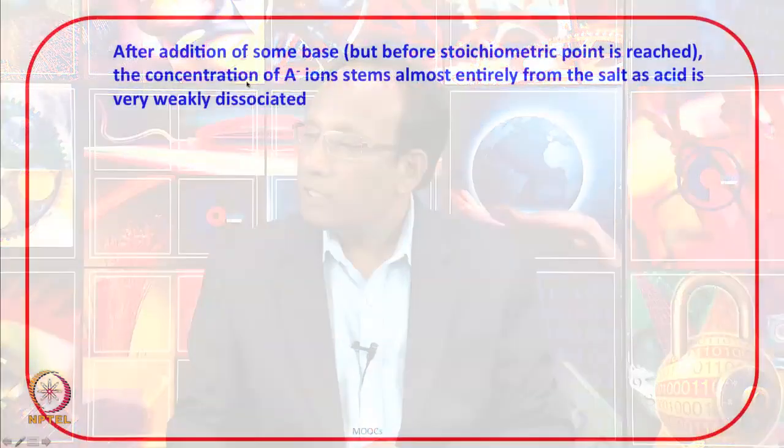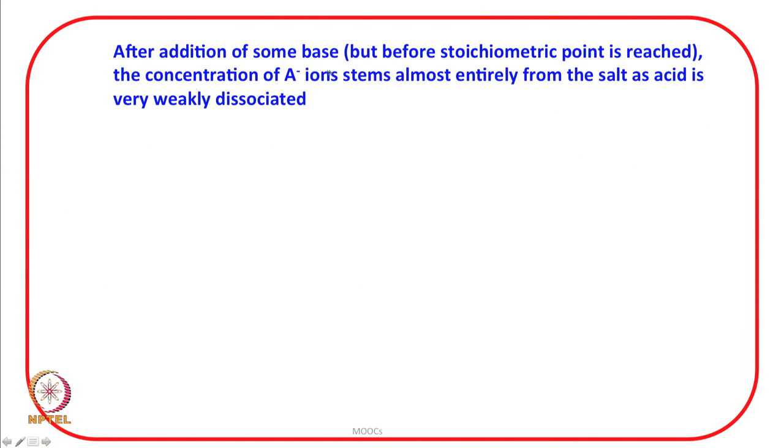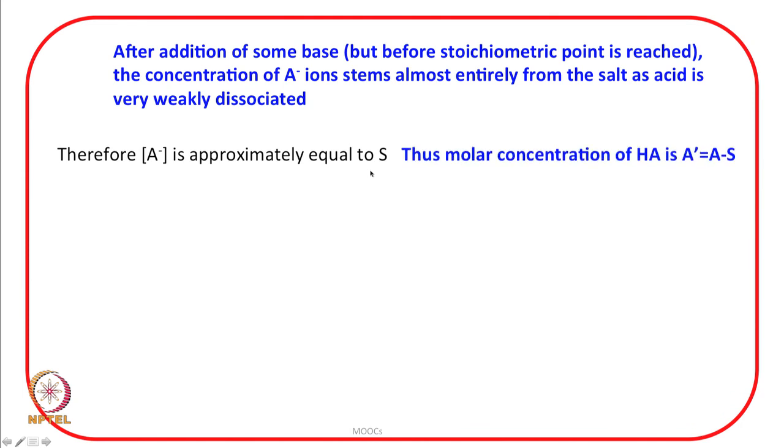So, we assume that after addition of some base, the concentration of A minus ions comes entirely from the salt, because the acid is weakly dissociated. Therefore, I can approximate A minus as equal to S, the concentration of salt, and the new molar concentration of acid will be A, whatever it was, minus S, where S is the concentration of the salt.